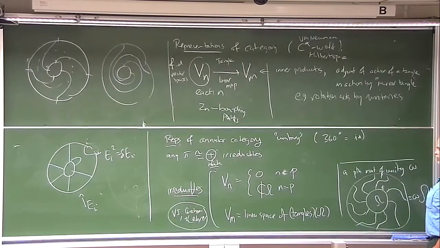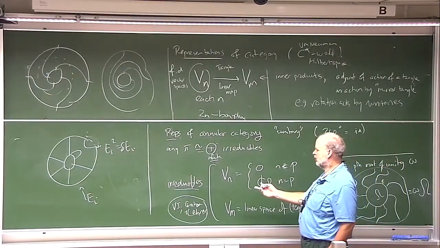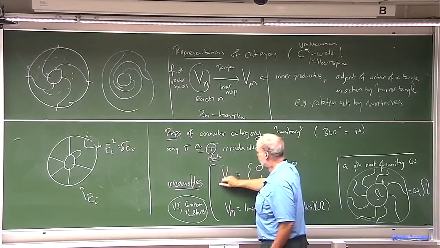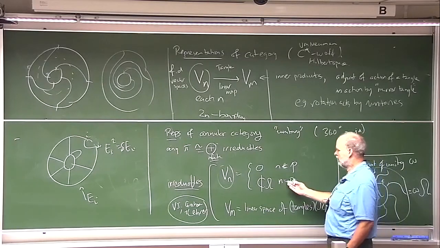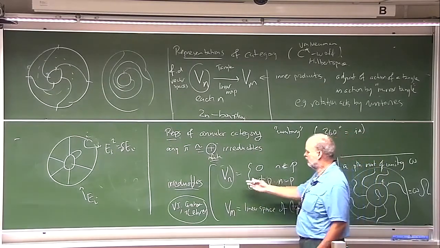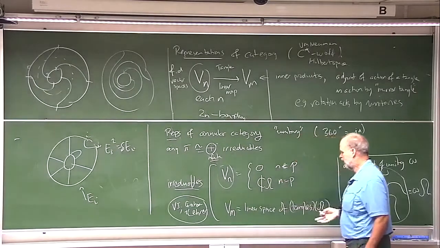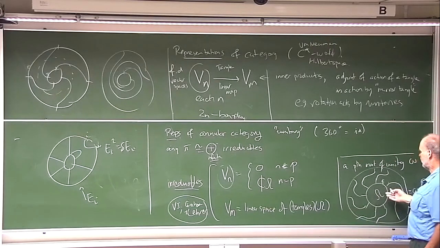Okay, so that's the whole story for these irreducible representations of this annular category. There's a vector space, and there's a unique smallest n for which this V_n is non-zero. It has dimension 1, and the whole vector space is the linear span of tangles, and there's a rotation.